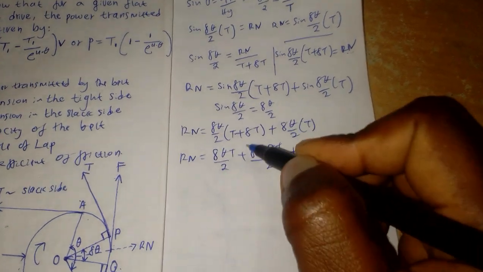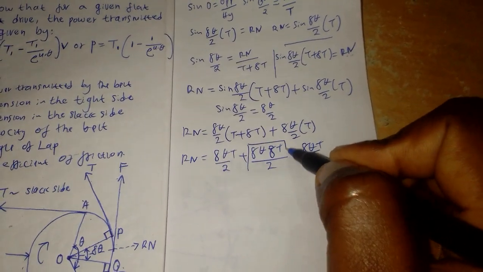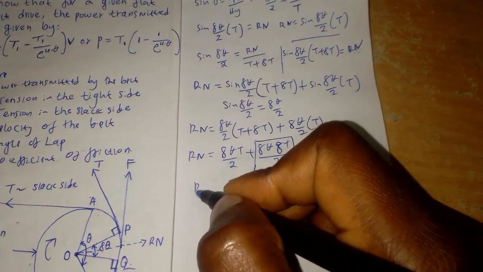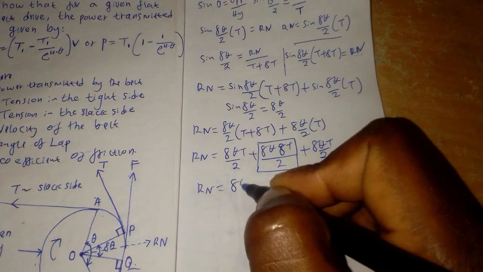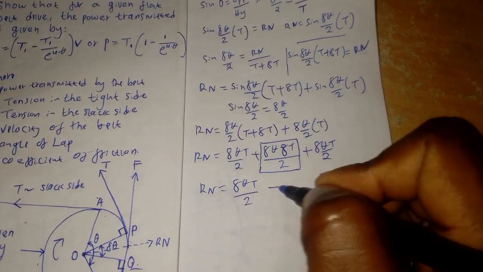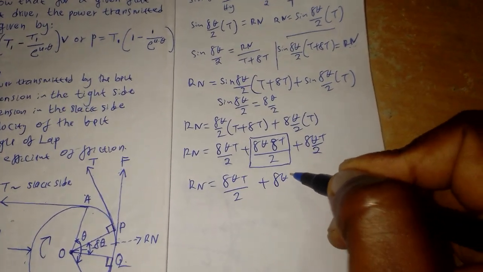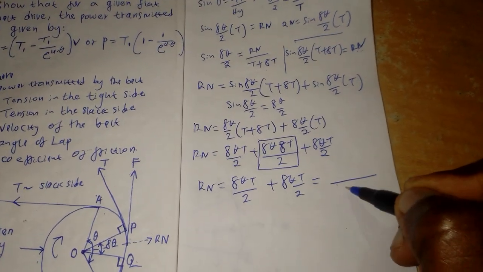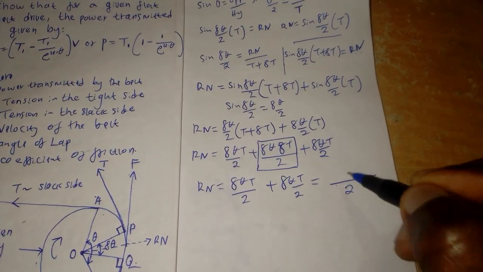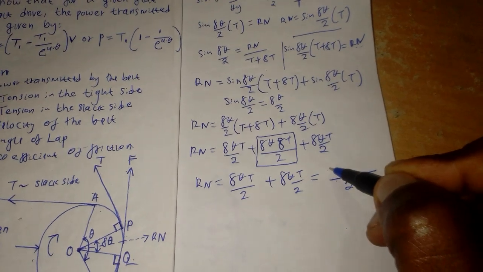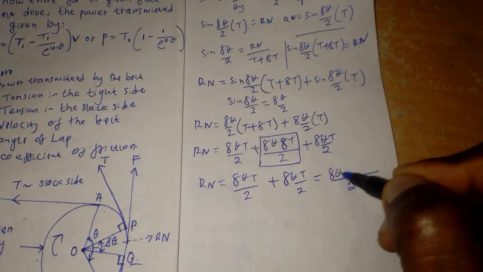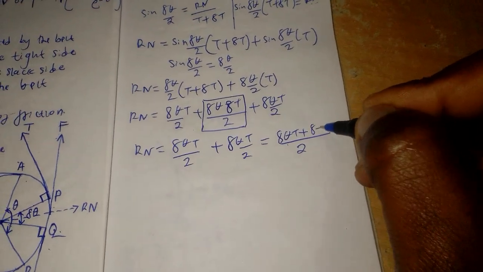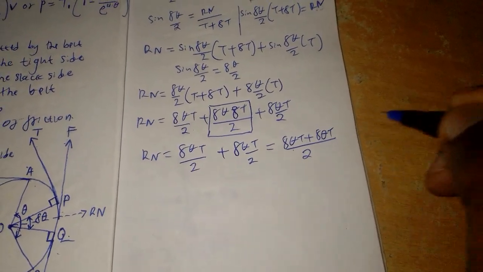Now this one is also very small, so let's neglect it. Rn goes to alpha theta T divided by 2 plus alpha theta T divided by 2. Our LCM is 2, so we have alpha theta T plus alpha theta T.